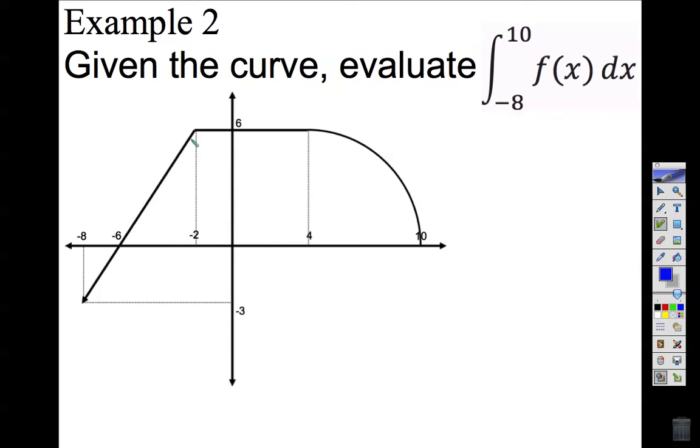We found this blue triangle, this blue quarter circle. We also found the area of this blue square, and this small right triangle.